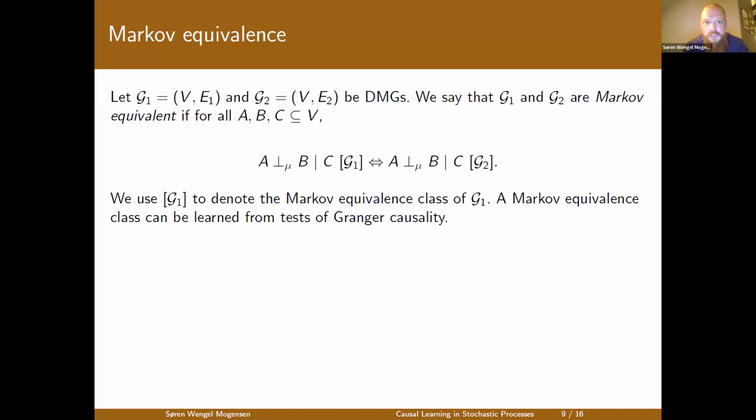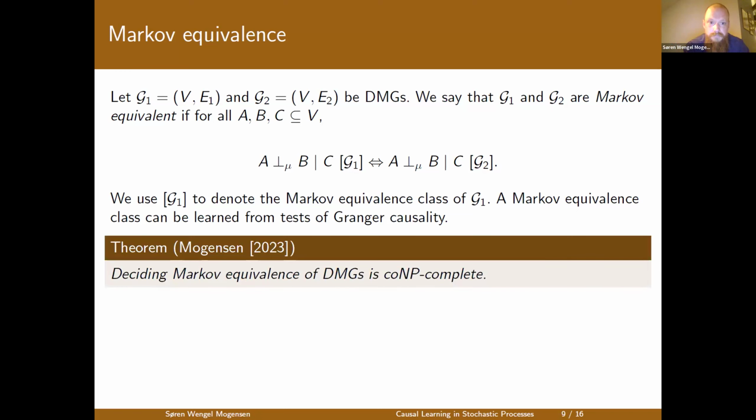And this is what we, in principle, can learn from tests of Granger causality. So again, we're assuming faithfulness, so the mu separations are in one-to-one correspondence with the Granger non-causalities, right? So testing Granger non-causality, I can never go further than learning this Markov equivalence class. So it's important to understand what this Markov equivalence class looks like.